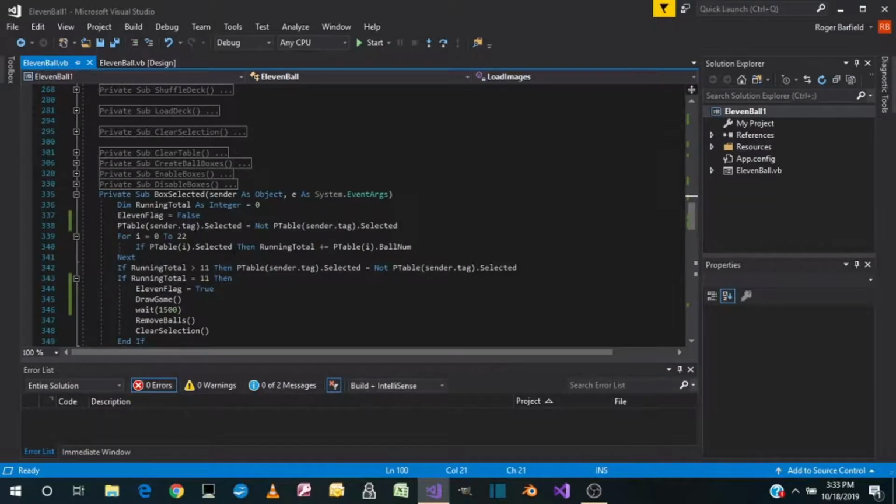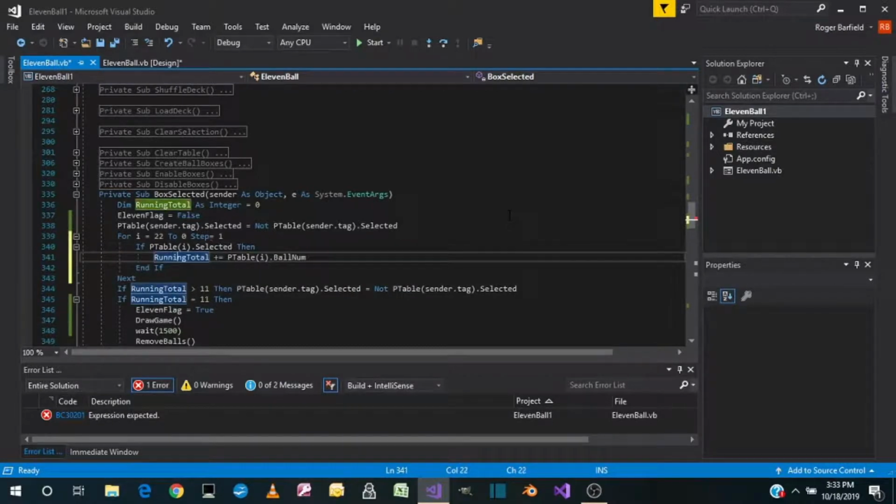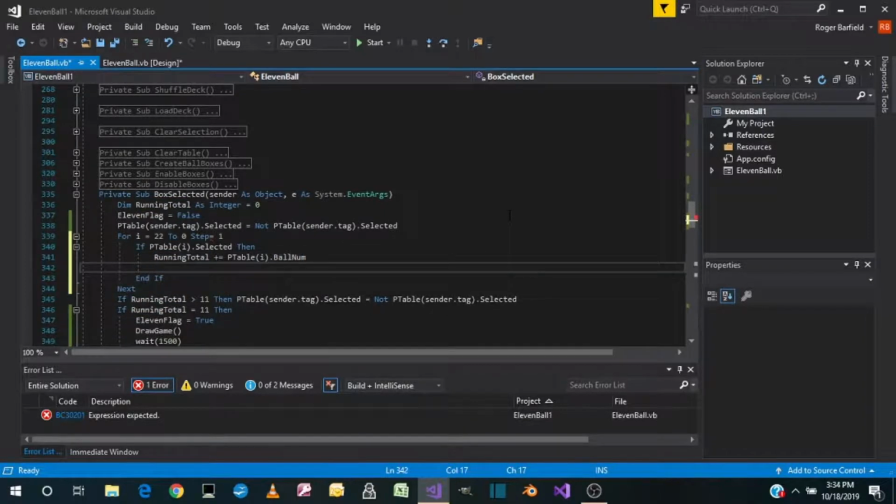Well, what we can do is let's change this to 22 to 0. Step -1. Put this down here in a little section instead of just on the line. That's supposed to be -1, not equal.